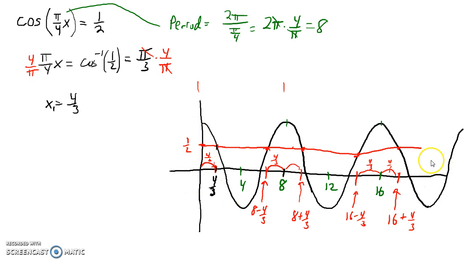If I needed more solutions, I could just extend my graph out here and follow the same pattern. By the way, this would be 24/3 minus 4/3, which is 20/3. This would be 24/3 plus 4/3, which is 28/3, and so on and so forth. So you certainly could simplify these answers down a little bit, but this is really the idea of what we're doing here.